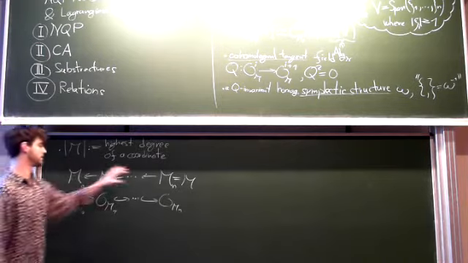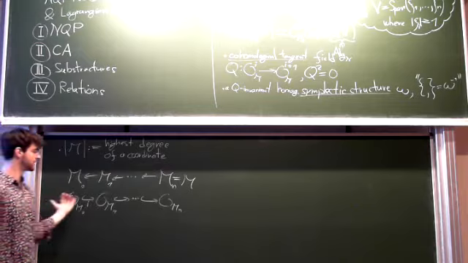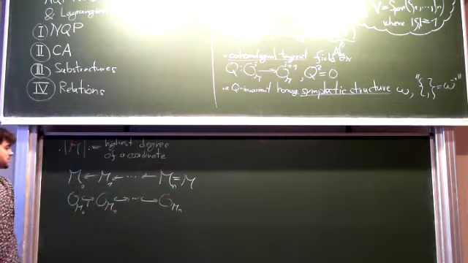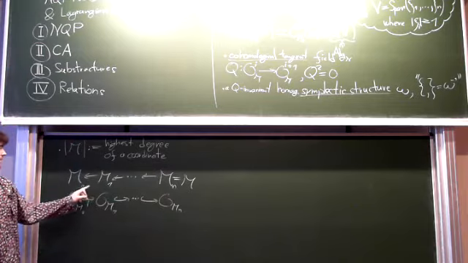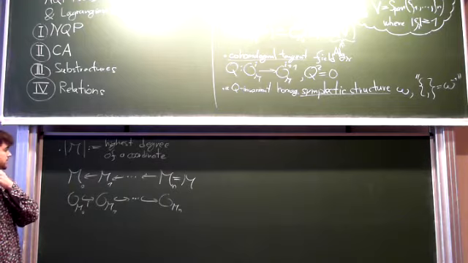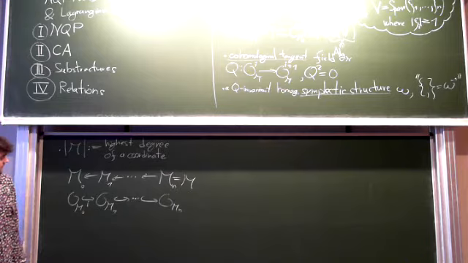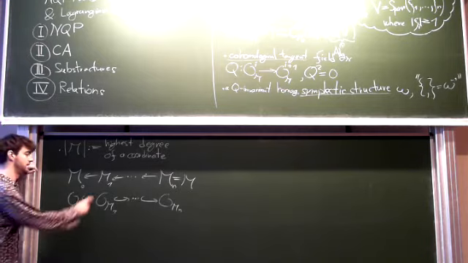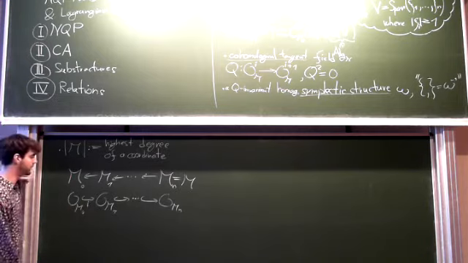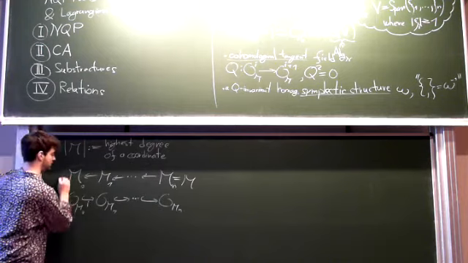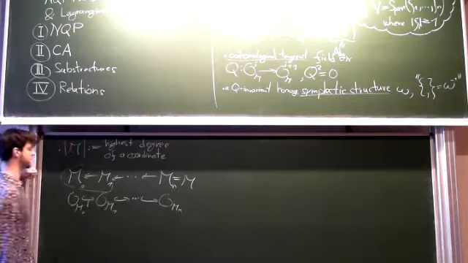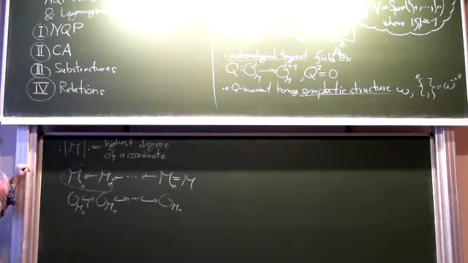Okay, so we have this kind of a tower, or this filtration. One thing that's interesting is that this M1 part can always be thought of as a vector bundle.